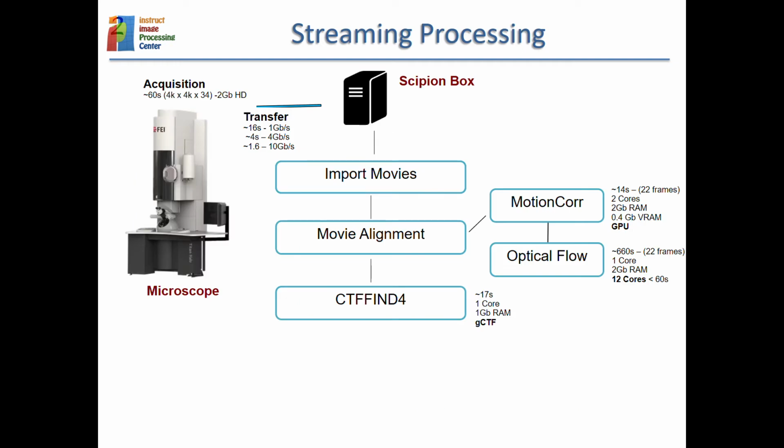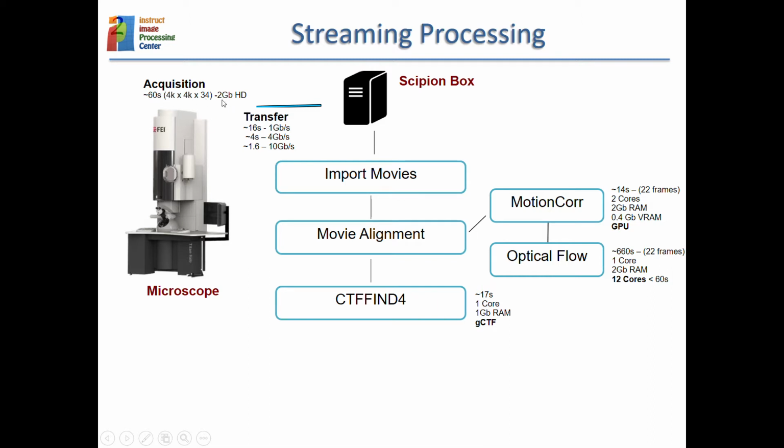And when you start acquiring, just to give some numbers, you record 4K by 4K pixel frames with 34 frames per movie, and you do this every 60 seconds.